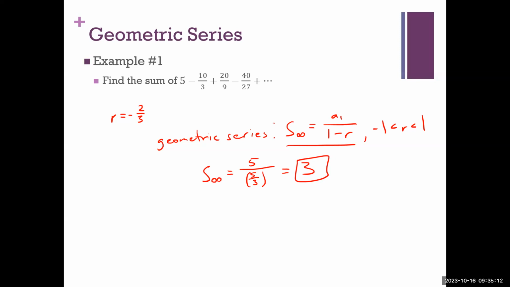How did we get 5/3? 1 minus the common ratio. So 1 plus 2/3 is 5/3.